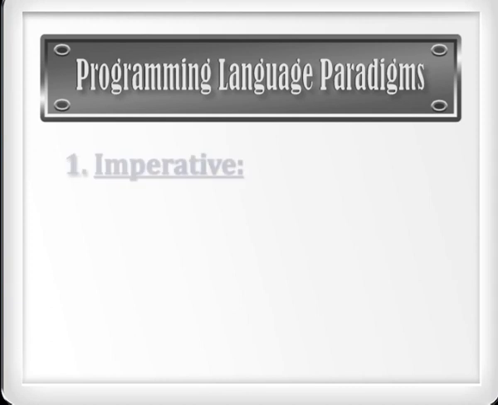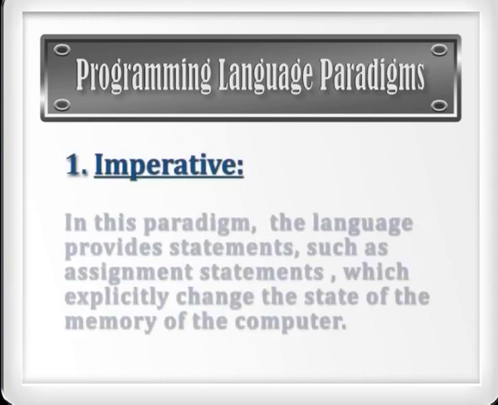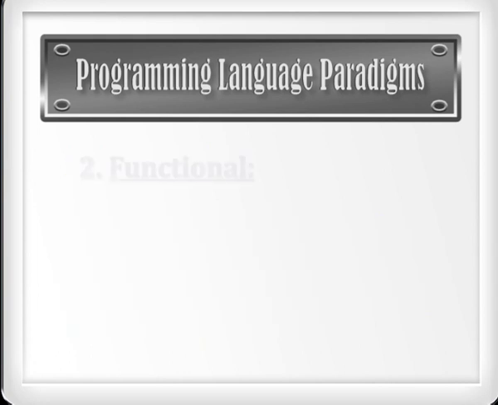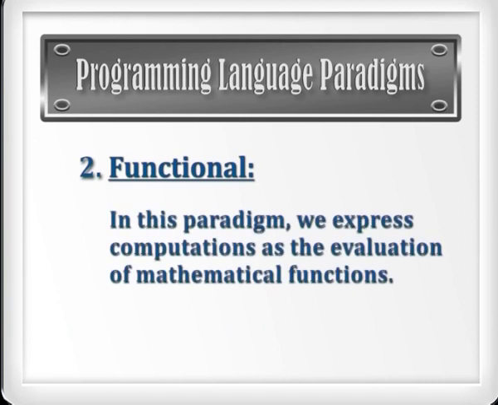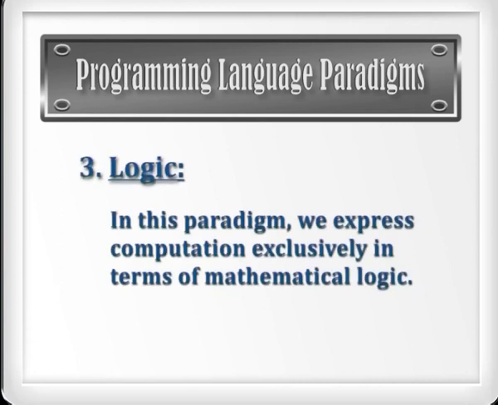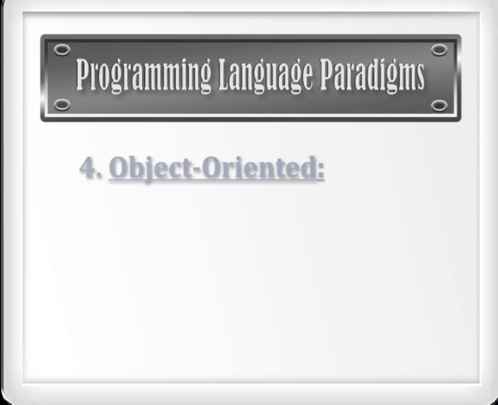The 4 main programming paradigms are: the imperative paradigm. In this paradigm, the language provides statements such as assignment statements which explicitly change the state of the memory of the computer. Second is the functional paradigm. In this paradigm, we express computations as the evaluation of mathematical functions. Third, the logic paradigm. In this paradigm, we express computation exclusively in terms of mathematical logic. Fourth is the object oriented paradigm.